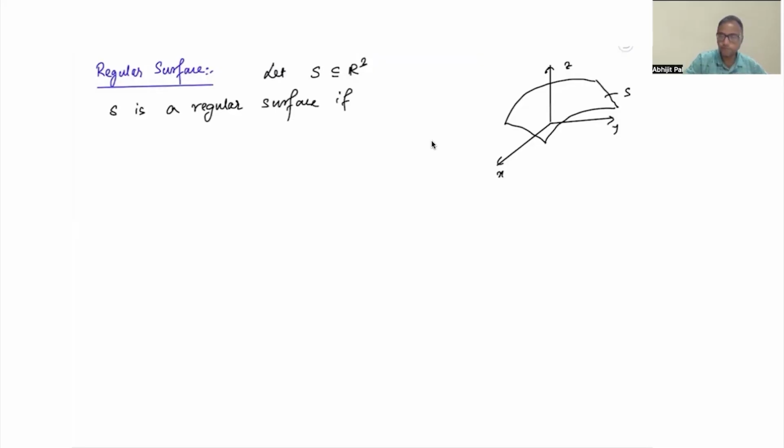if for all P belonging to this S, if I take any point P in this S, I can find an open neighborhood of this point P in the whole space R3. Something like this.